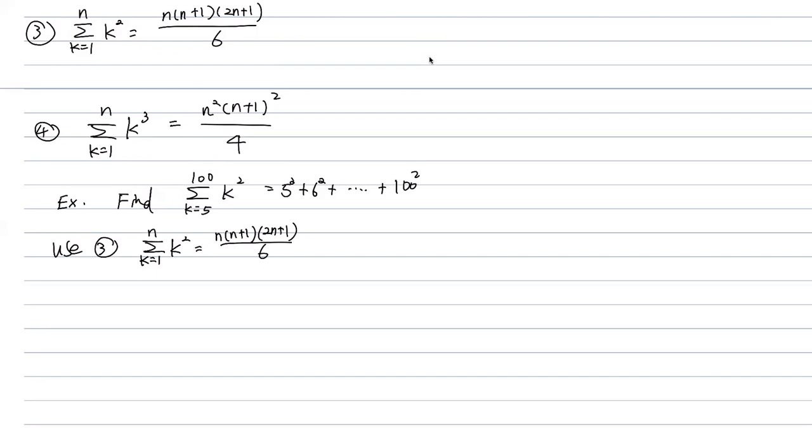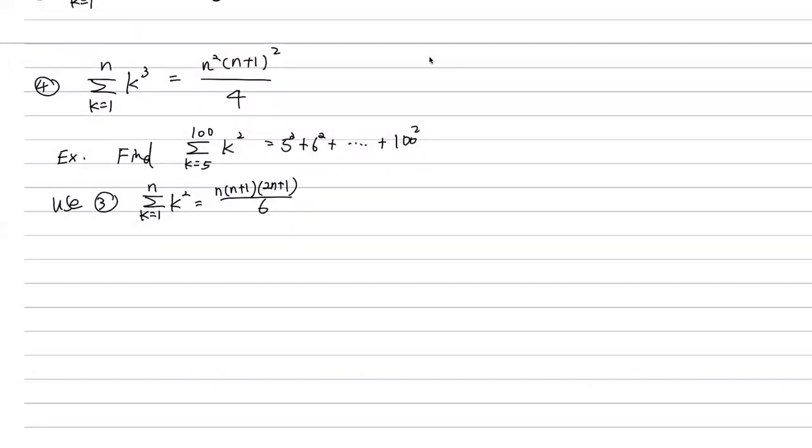If I want to do 5 to 100, I'm going to have many terms. But if you look at this formula, k starts at 1. You cannot start at 5. So what I'm going to do is find the sum between 1 to 100.